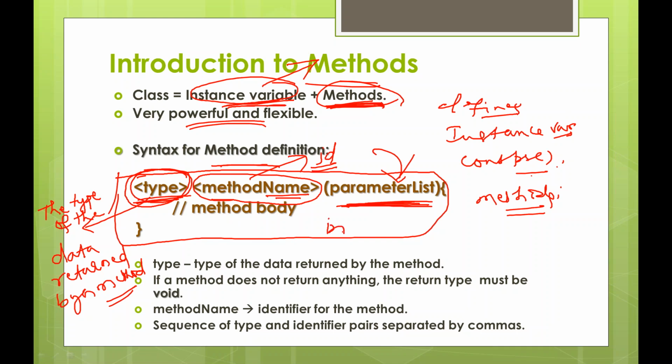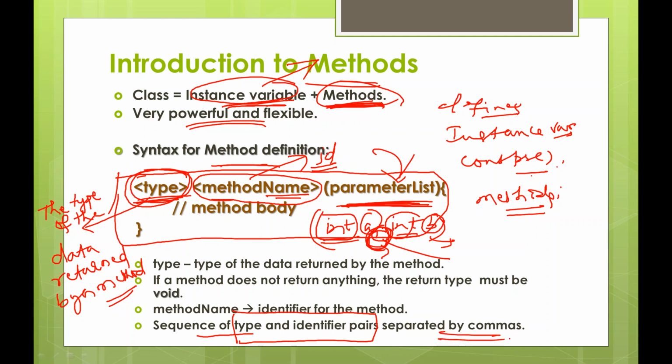It is nothing but your int A, int B. It's your data type plus variable name, data type plus variable name separated by comma. It is a sequence of type and identifier pairs separated by comma.